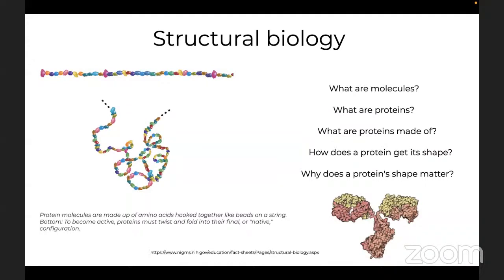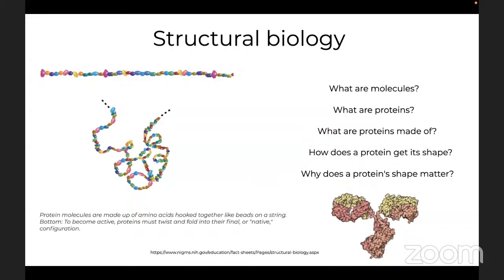So that's about that. Now the next question, a very important question, is how does a protein get its shape? We are discussing the structural biology of macromolecules today, and even though proteins are a string of amino acids, they do not remain as a straight line. As you know, the strands twist, bend, and fold into specific shapes.